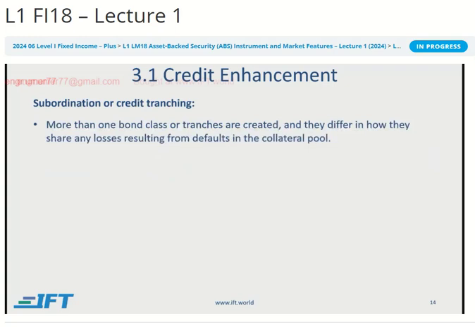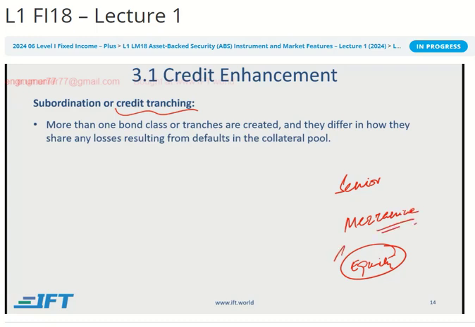Subordination or credit tranching, this is something you have already learned in a separate learning module, right? And this is not time tranching, this is credit tranching, where we have a senior and a junior, right? The worst one is obviously going to be your equity tranche. This one, I think a better name is mezzanine, the middle one, like you have a mezzanine floor. So the junior will be the equity tranche.